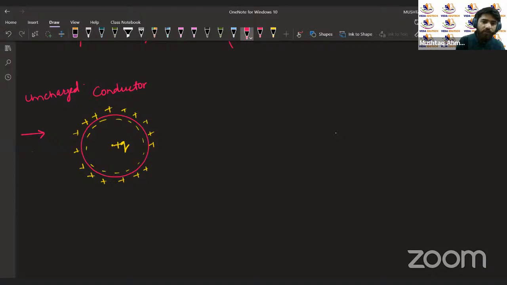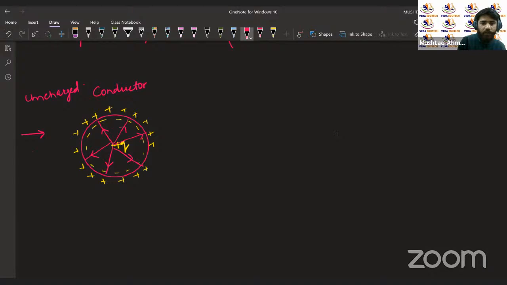And because of this positive charge, we know that the electric field lines will terminate on the negative charge like this, and they will be normal to this metallic surface.